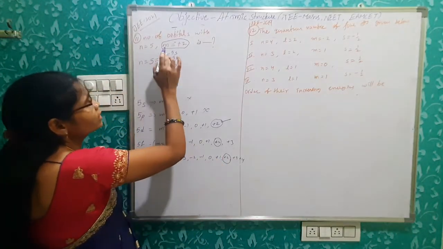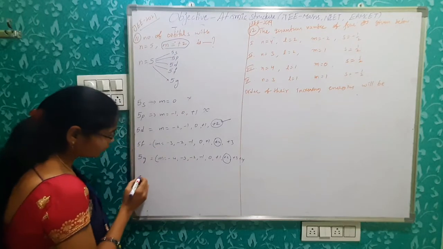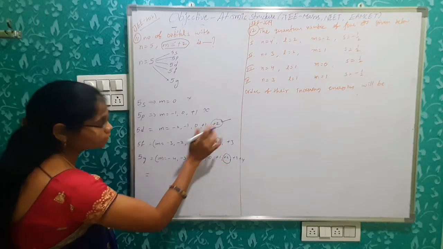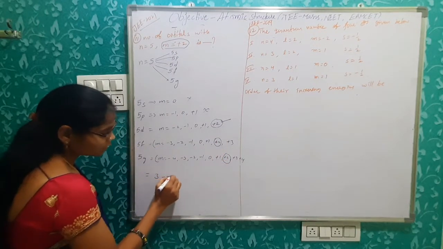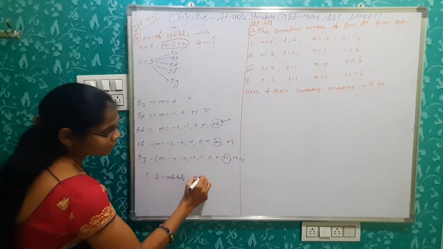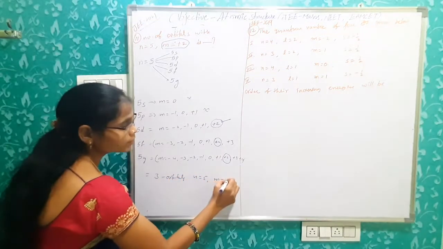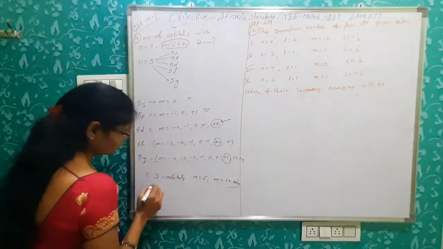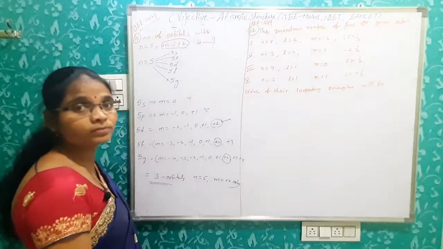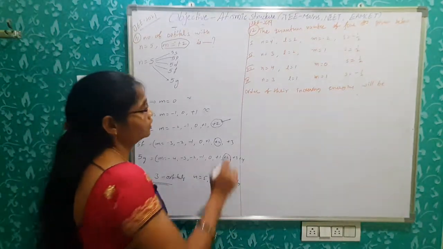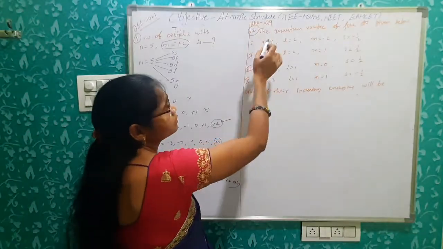So how many orbitals with n equals 5, m equals plus 2? 1, 2, 3 only. You have to select 3. Clear?